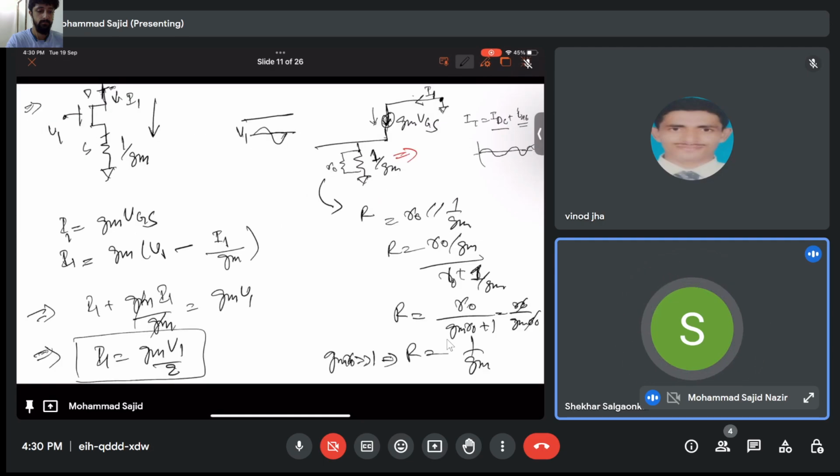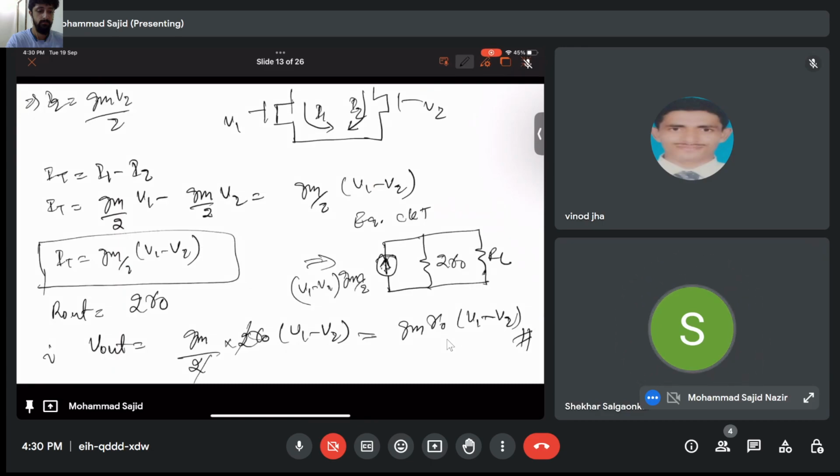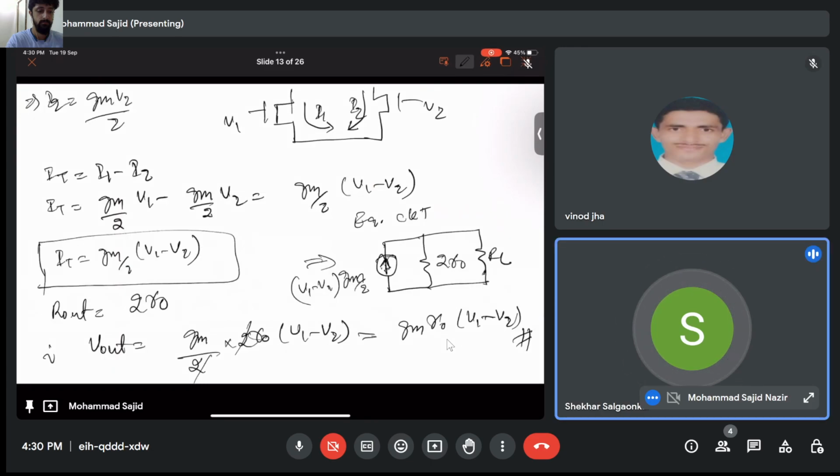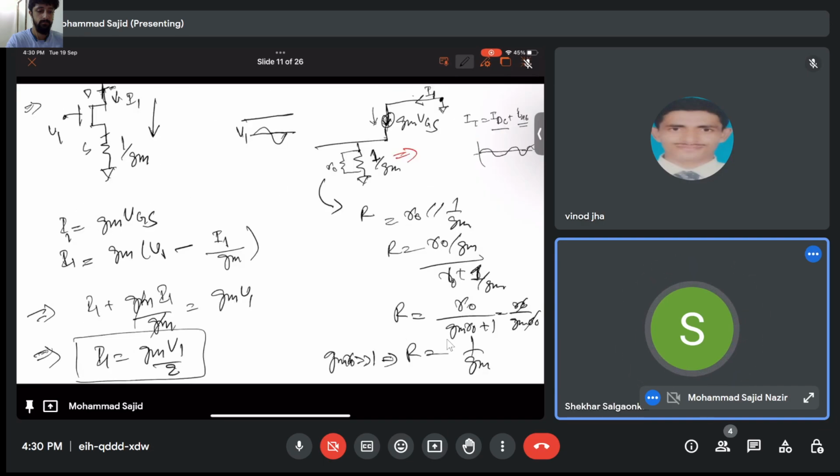I need to check what I have calculated it for. Okay, M1 is GM by 2. This is actually what I have used.